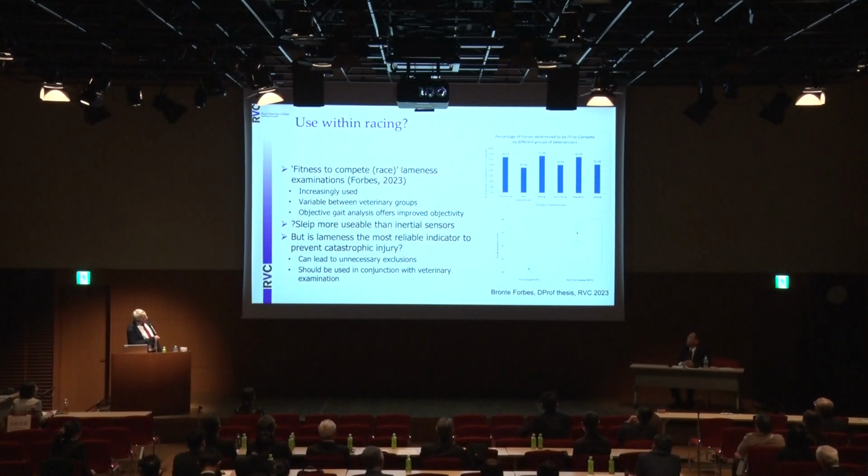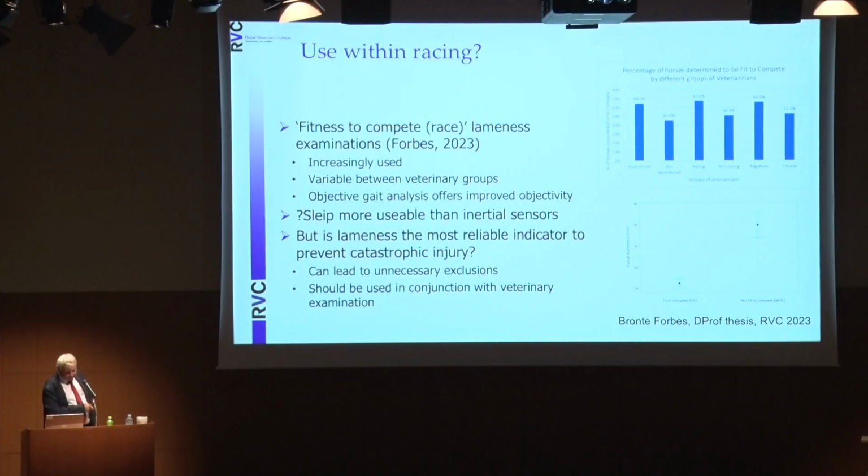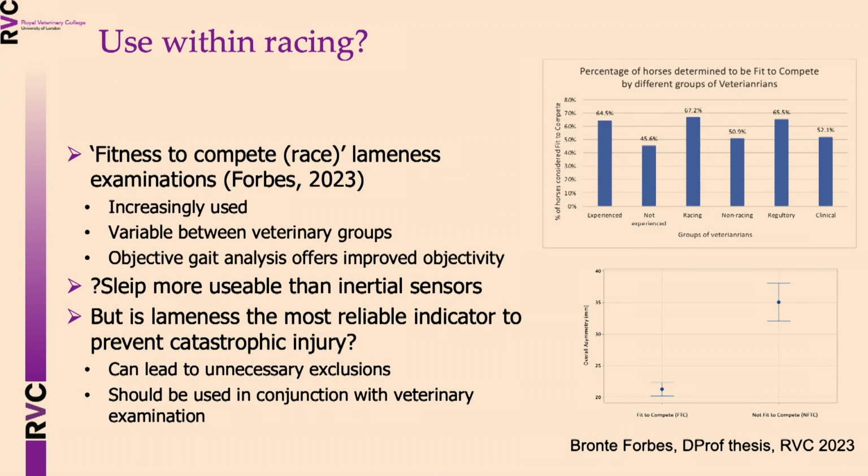But where objective gait analysis may help is that in these horses you can see a complete separation in lameness using the objective gait analysis between those horses that were considered not fit to compete compared to those that were. The left side is fit to race, the right side is lame and unable to race, and there is a clear difference. And SLIDE may be more usable than the use of inertial sensors to save time.